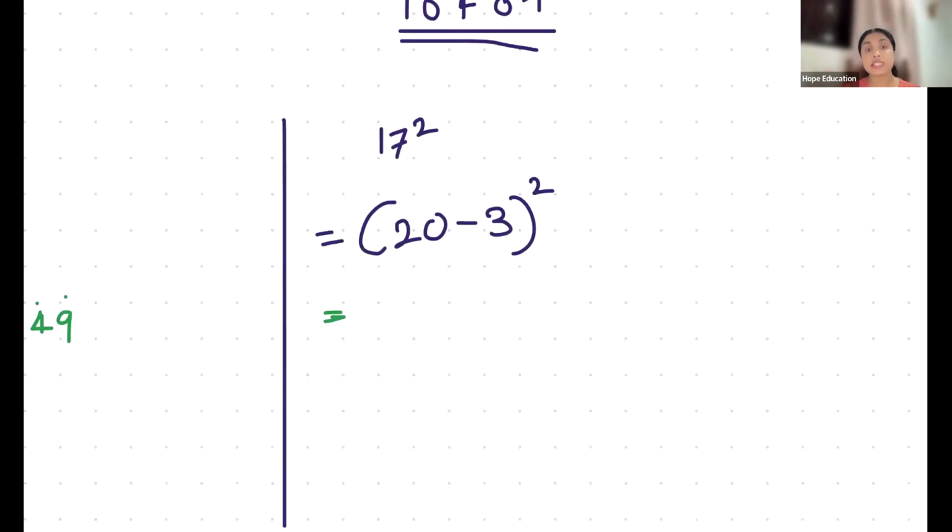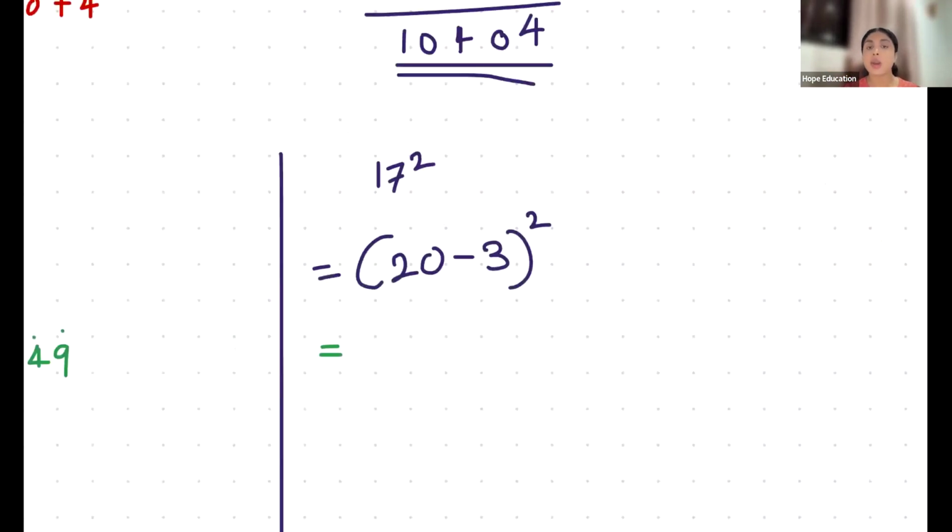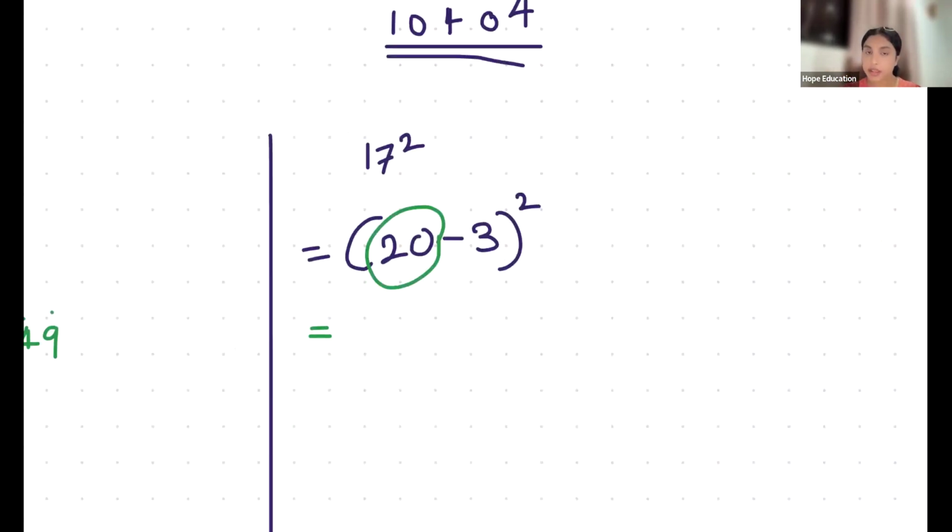For those of you who took 17 squared as 20 minus 3 squared, I will show you how to do this. First, we take the square of the first term. First term is 20. Square of 20 means 20 multiplied by 20. So that is 400. Here the charge is plus, so plus times plus, answer also gets plus. Then we multiply the first term and the second term and 2. 20 times 3 is 60. 60 times 2 is 120.